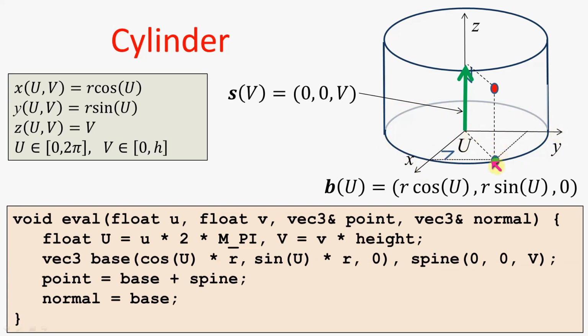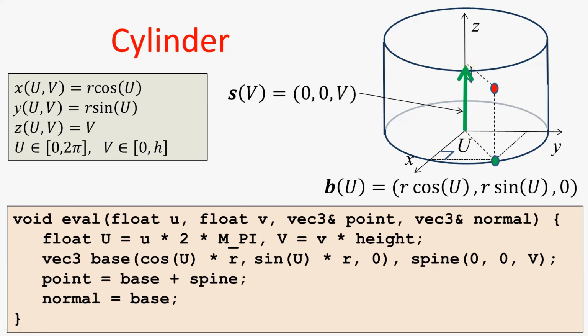If the radius of this circle is r, then the equation of this circle is r times the cosine of the first free parameter and r times the sine of the first parameter, and we are in the xy plane, so the z coordinate is 0. The spine of the extruding operation is just a line segment that is in the direction of axis z, and it is parameterized by the second parameter v, so it runs from 0 up to the height of the cylinder.